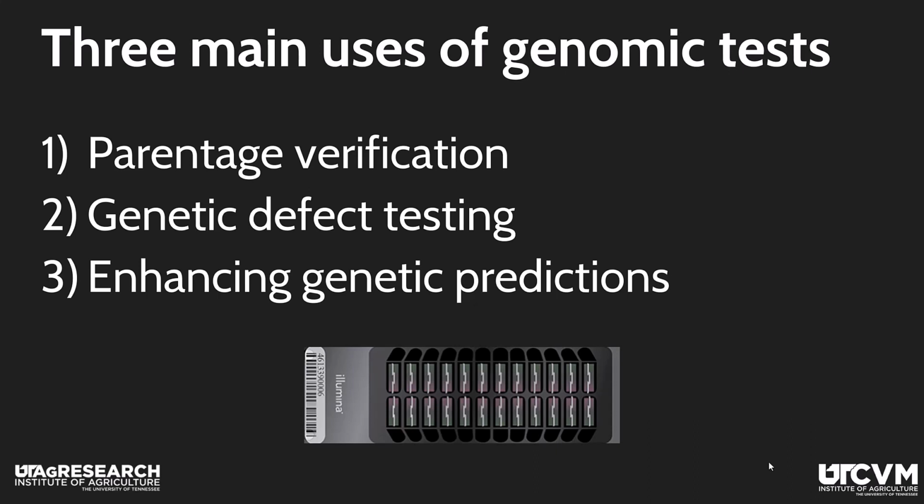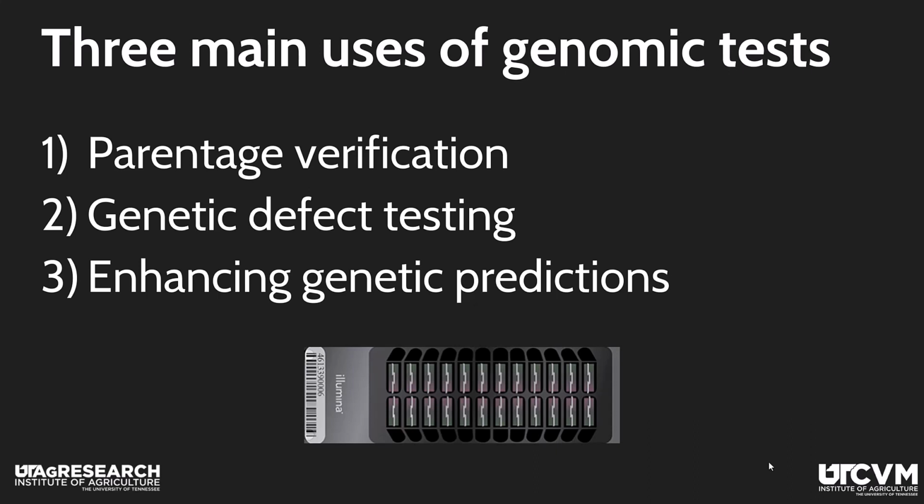You can have the most accurate, in-depth set of phenotypes attached to an animal, but if it's incorrectly attached to other animals in the pedigree, it's not of particular use, right? So this is a big part that I think gets overlooked. If we can correct these pedigree errors before they become a problem through parentage verification, the genomic test has served a really big part of its overall utility.